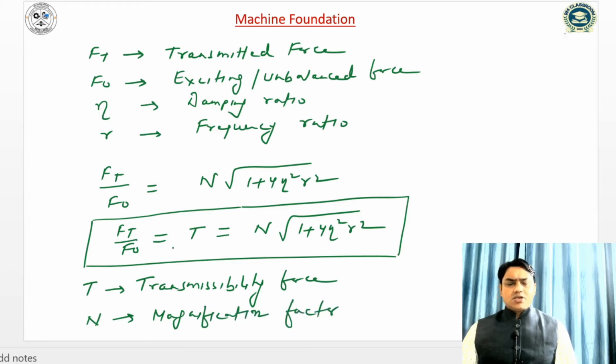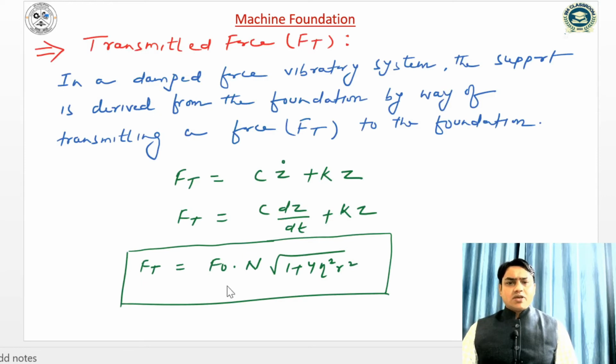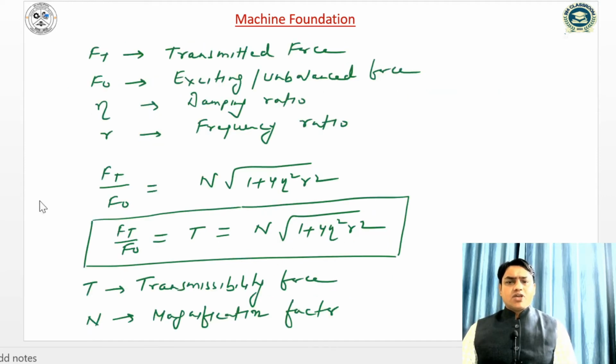So this is the relation we have to remember, either the expression of transmitted force, that is F naught into N square root of 1 plus 4 eta square R square, or the expression of force transmissibility.